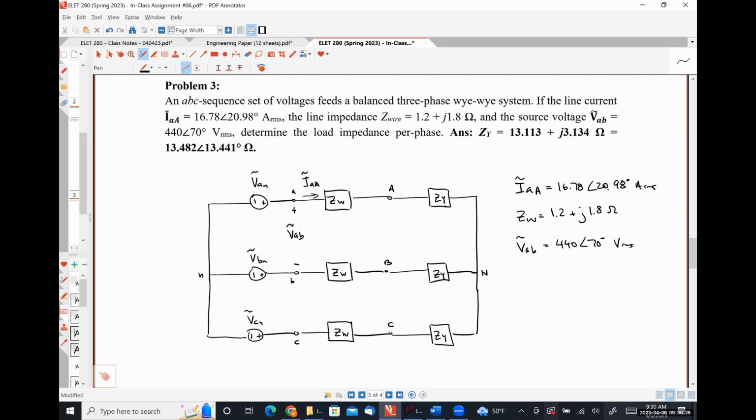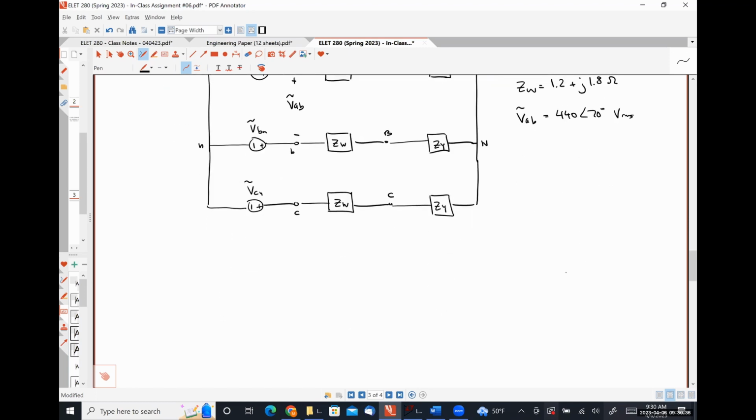So why this is a bit of a curveball is because we have to do a little bit of work to figure out what to put into our single phase equivalent circuit. So let me explain what I mean here, right? In our single phase equivalent circuit, we put the voltage VAN as our voltage source. Here's ZW, which we know.